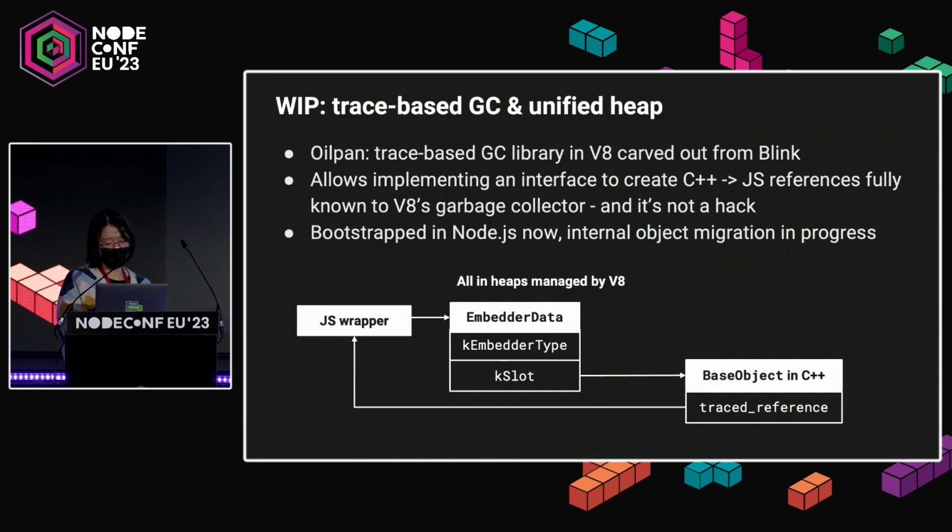Later, this library got carved out of Blink and moved into V8 for other embedders like Node to use. So it's a trace-based C++ garbage collector that allows embedders to allocate their C++ objects in a heap that can be visible to V8. And with that, it's easier to avoid memory issues caused by cross-layer memory management, like the bugs that we've seen before.